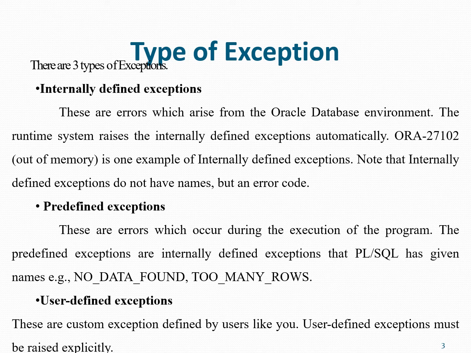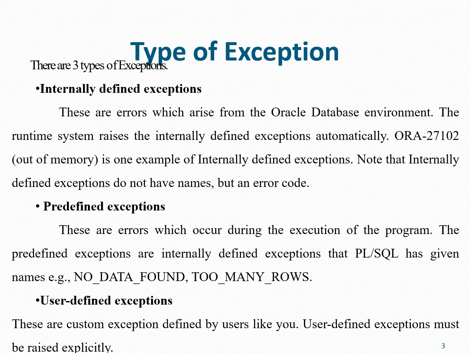First of all, exceptions that can be raised by the server implicitly can be classified into two types. One is unnamed exception and the other one is named exception. Unnamed means that some exceptions do not have a name.